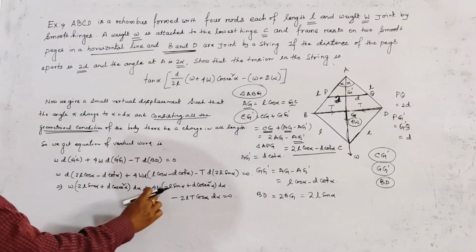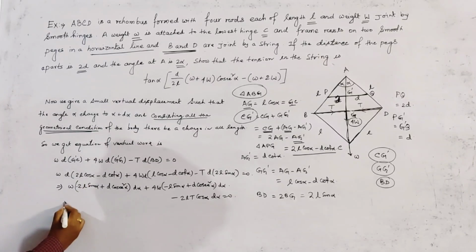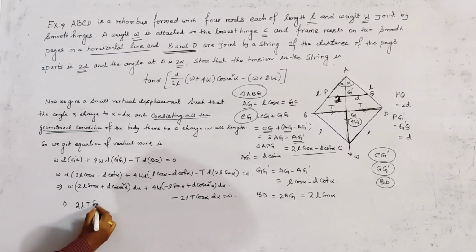Now taking d alpha common from the three terms and cancelling the d alpha term, we get the value of T as 2LT, sorry, this is not sin alpha, this is cos alpha.